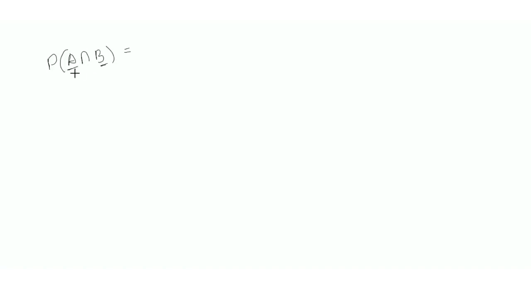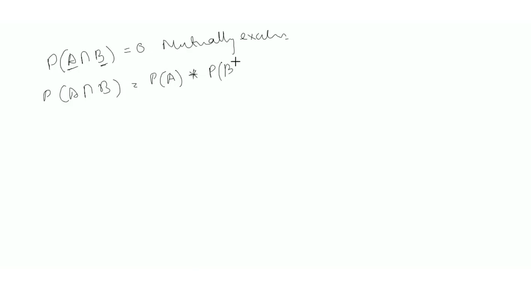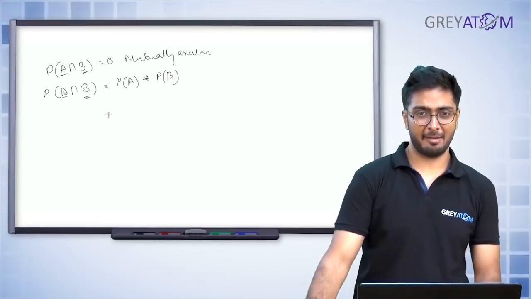So A and B can happen together. In the case of mutually exclusive events, this was zero, which is basically they cannot even occur together. In the case of independent events, the probability of A intersection B exists, and that is basically the probability of A times the probability of B. So these are two events which are not dependent on each other, but they can definitely happen together.